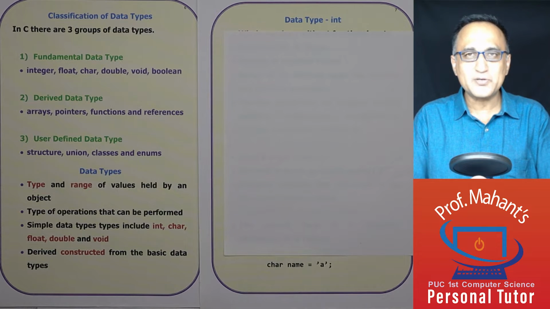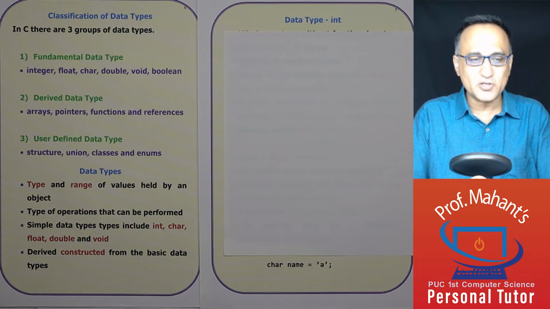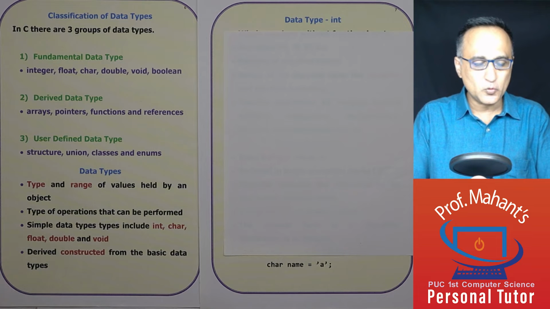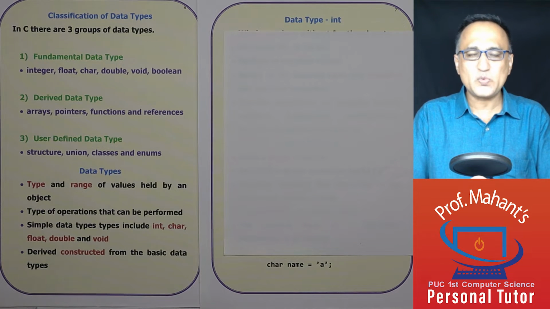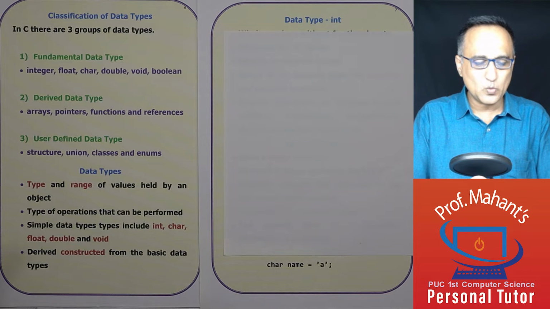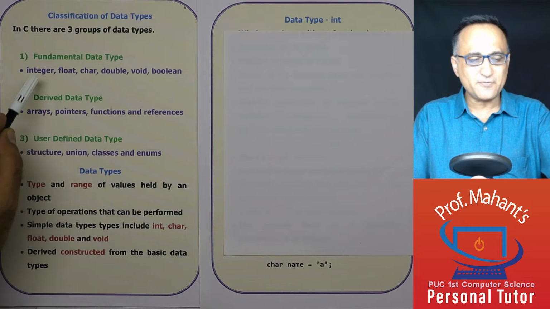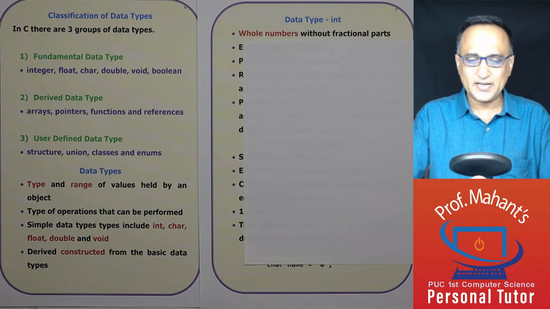No point in adding numbers to your name. It's meaningless. Similarly, I cannot divide your roll number. It's of no consequence. So data type tells me what operations I can do. The simple data types which we are going to discuss are int, float, char, double and void. The derived ones are constructed using the fundamental or basic data types.